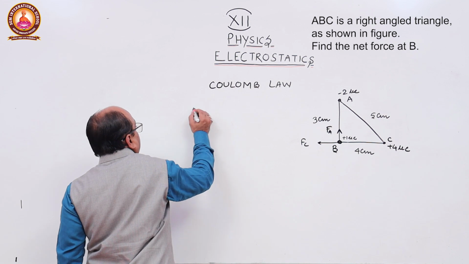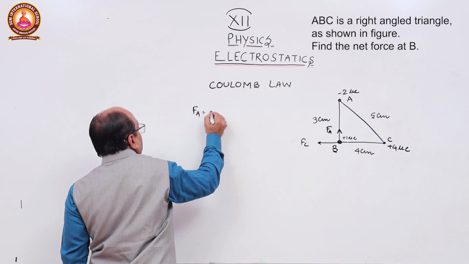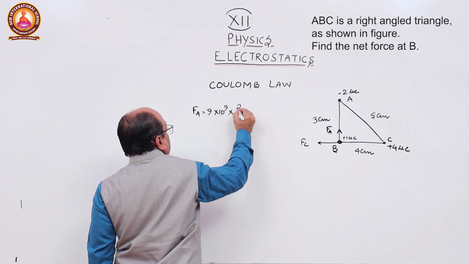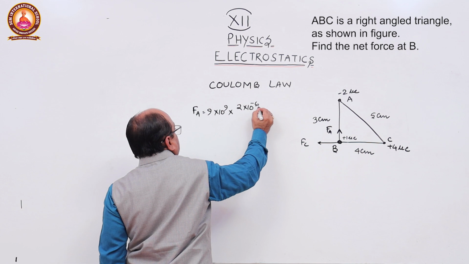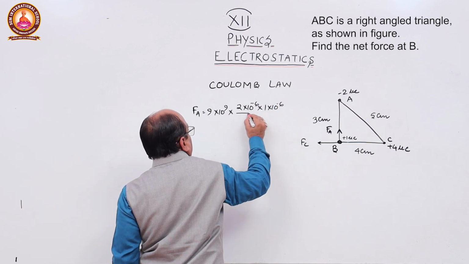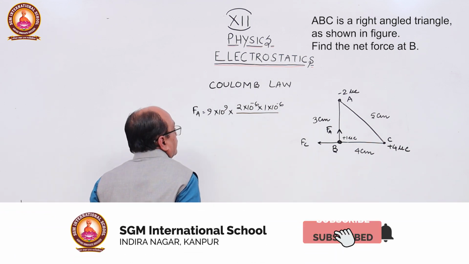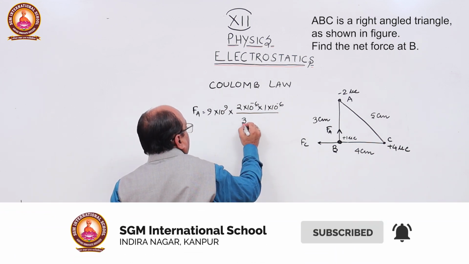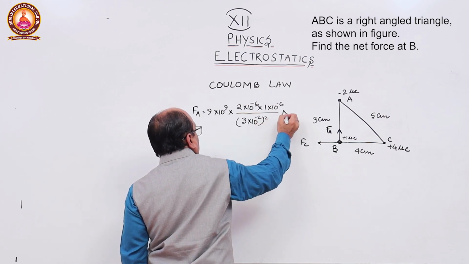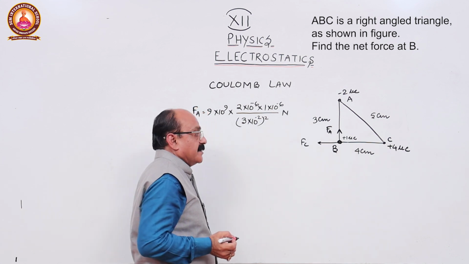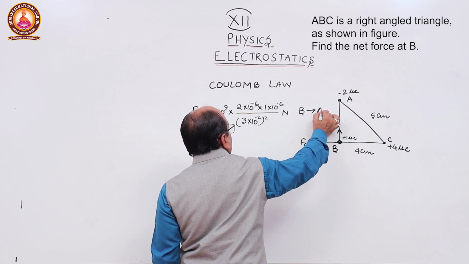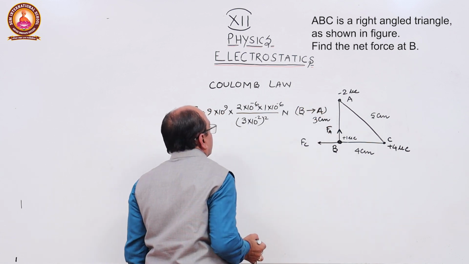The FA will be 9 into 10 to the power 9 into Q1, 2 into 10 to the power minus 6 into 1 into 10 to the power minus 6 divided by 3 centimeter. We have to convert it into meter. 3 into 10 to the power minus 2 whole square Newton. Now, we have to mention direction here. The direction will be B to A in this way.